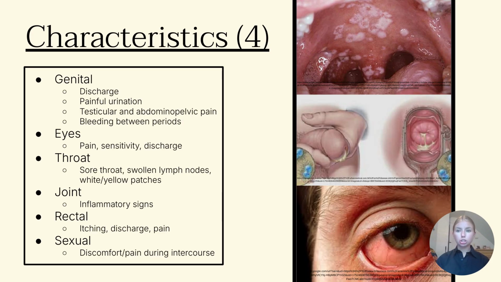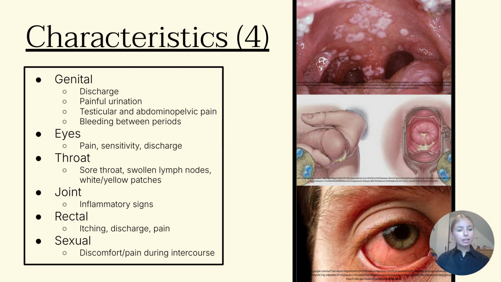Now, this discharge is abnormal and is not considered to be what the regular woman would experience. A person may also experience painful urination, and this applies to both genders. A male may experience testicular pain, while a female may experience abdominal pelvic pain. A woman may also experience bleeding in between their periods.